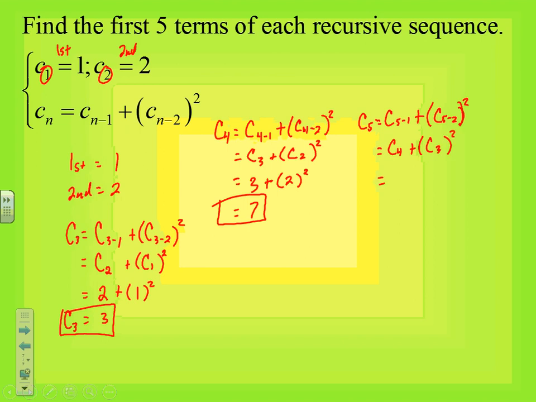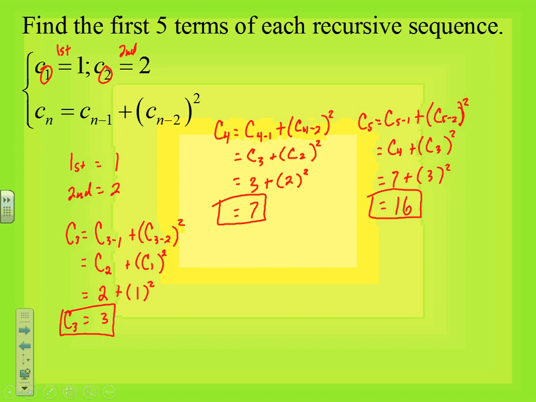Well, the fourth term of the sequence is 7. The third term of the sequence is a 3 squared, so 7 plus 9 says that the fifth one is going to be a 16.